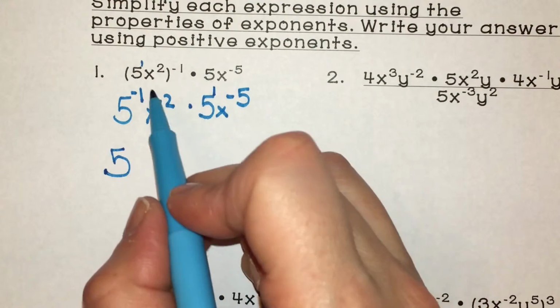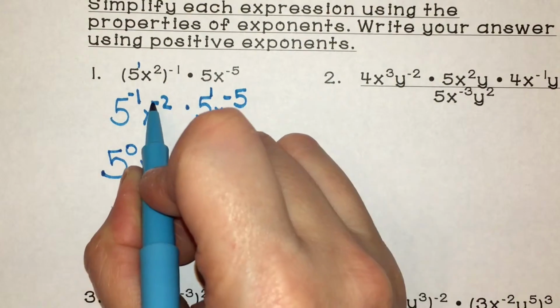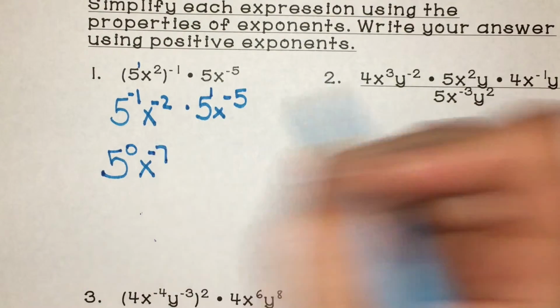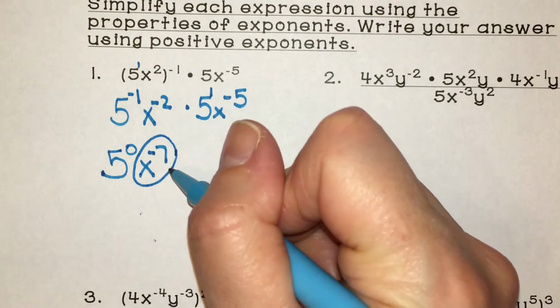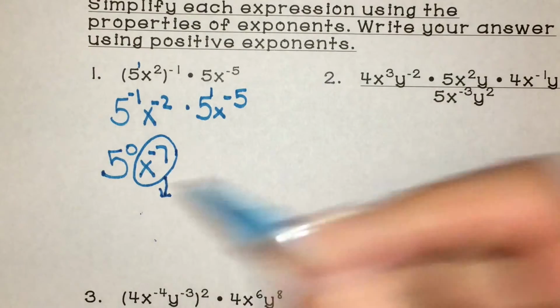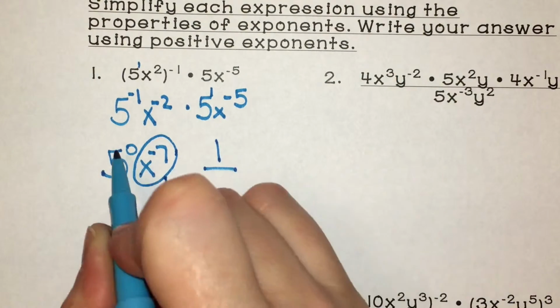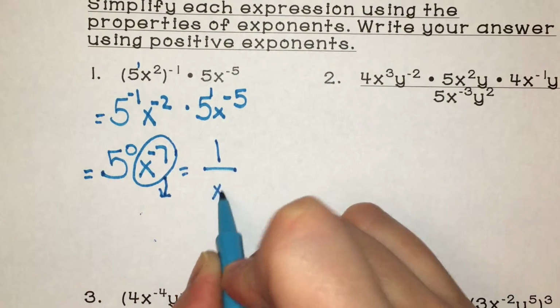Keep the base of 5 the same. Negative 1 plus 1 is 0. X to the negative 2nd plus negative 5 is negative 7. All right, this needs to go to the denominator. 5 to the power of 0 is just 1. Over x to the positive 7th.